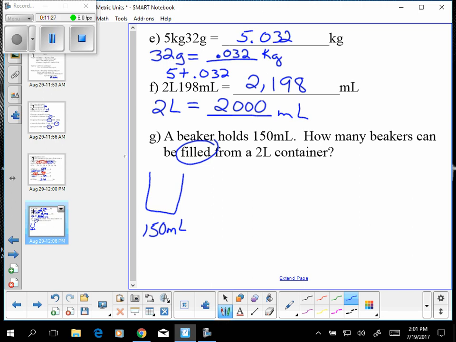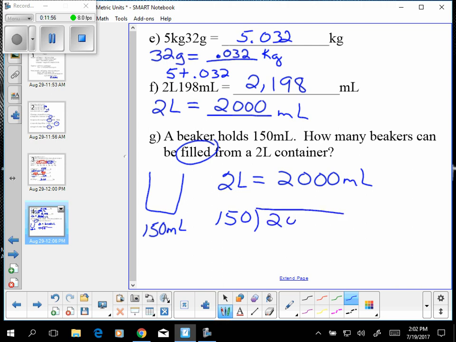Do I want to change the beaker measurement to liters and then divide? Or do I want to take the liters to milliliters and then divide? I like to avoid decimals. And if I'm going to change milliliters to liters, I'm going to end up with decimals. So I'm going to change my 2 liters to 2,000 milliliters. Then I can divide by my 150.